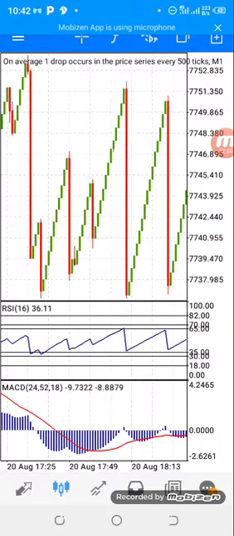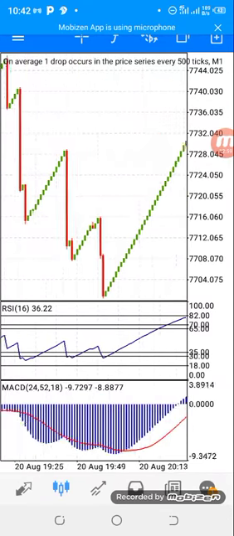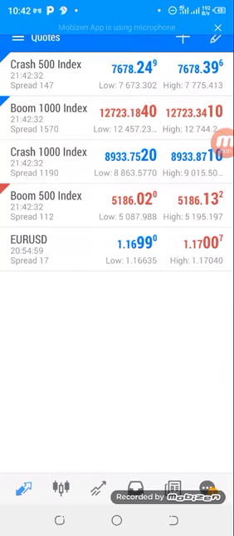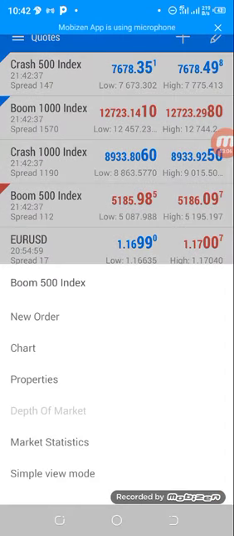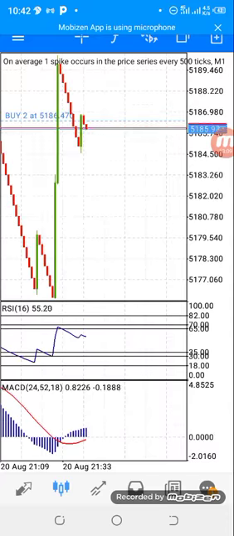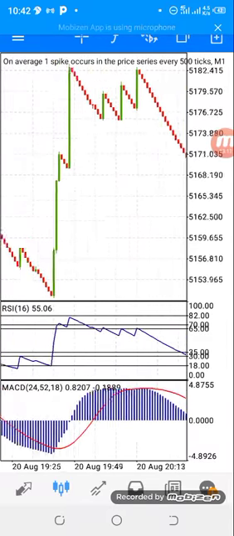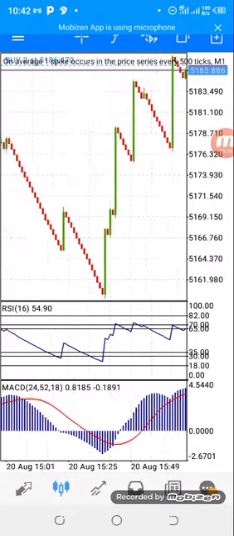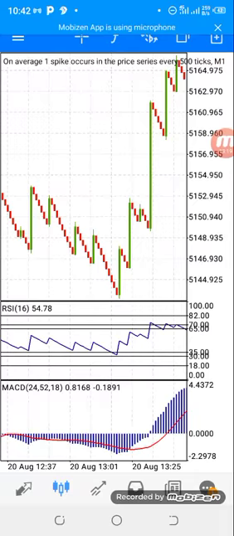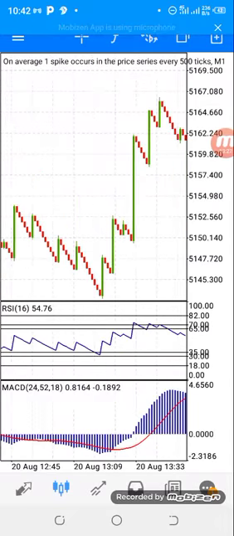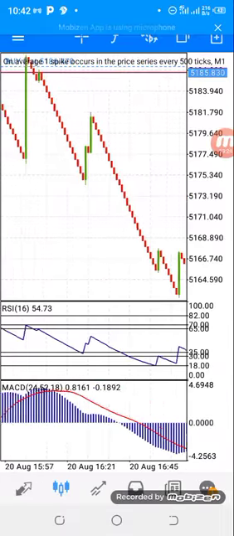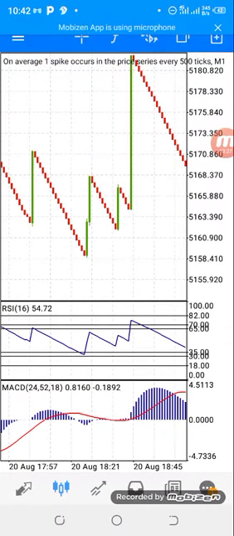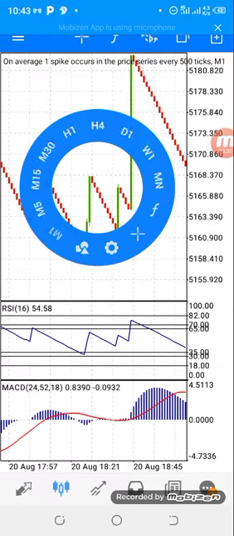Now let's check Boom 500 first. Now if we want to apply this, we need to change our MACD setting.